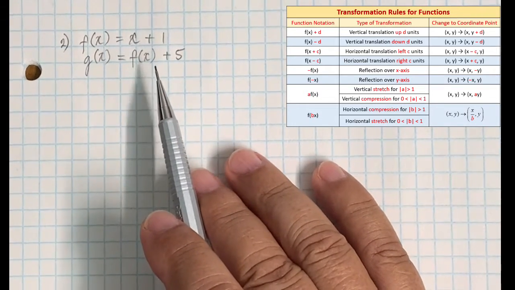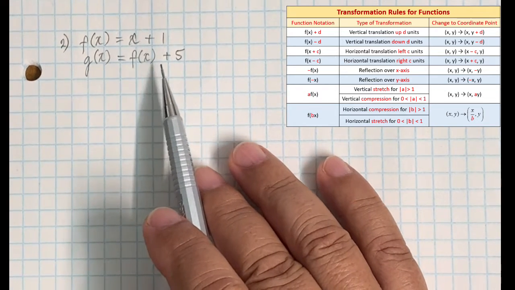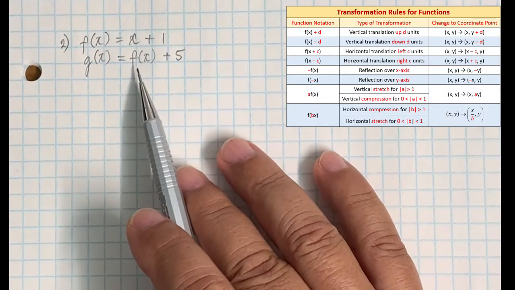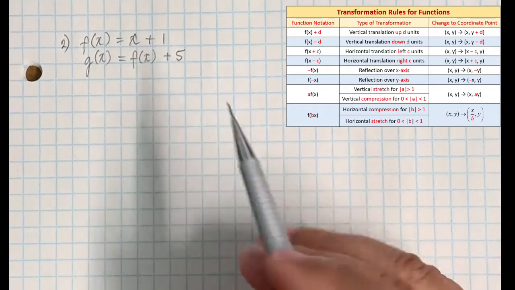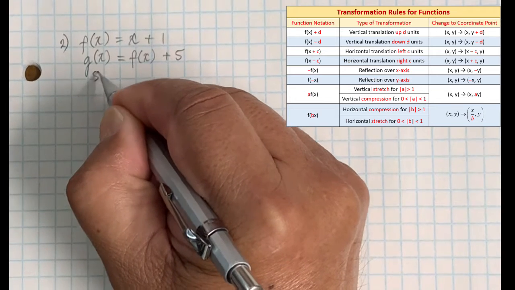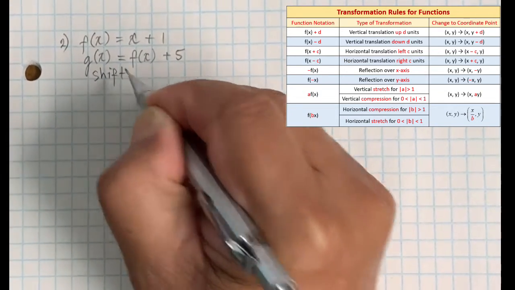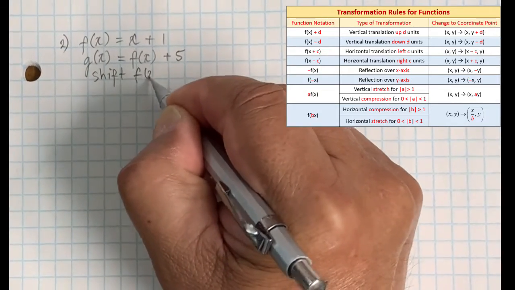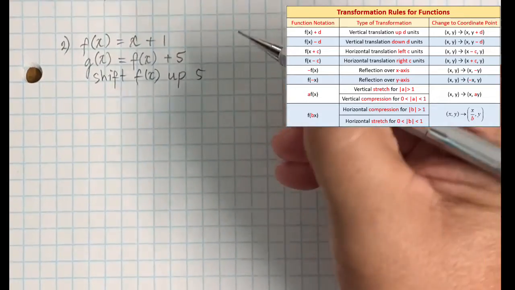By the transformation rules, we need to move f of x up by 5 units in this case. So we need to shift f of x up 5 units.